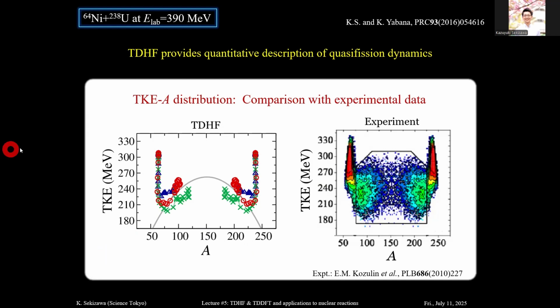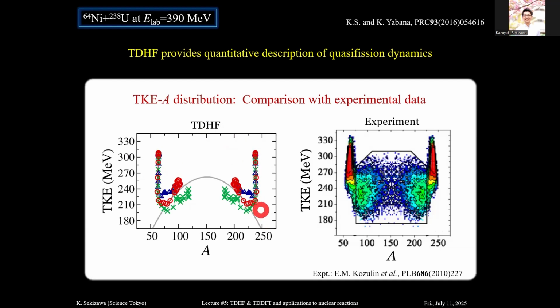So those two peaks around 64 and 238 correspond to quasi-elastic scattering. It means with larger impact parameter, they do not collide, so we do not have energy dissipation. So TKE, the total kinetic energy of the outgoing fragment, is equal to the initial value. And when the two nuclei collide, energy dissipates into internal excitation. So TKE drops in this way.